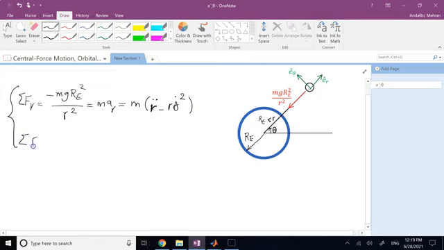In the theta direction, there is no force. If there was effect of air, then you will definitely get a component for that in the r direction and a component of that in the theta direction. But here it's 0, and this is equal to m a theta, and a theta, if you remember, was r theta double dot plus 2 r dot theta dot.